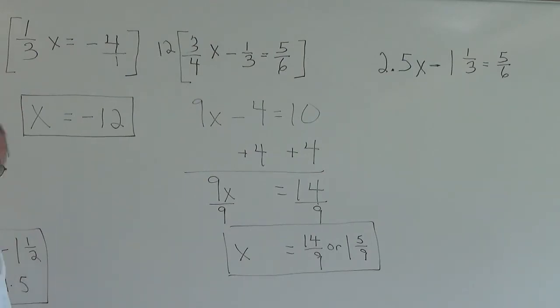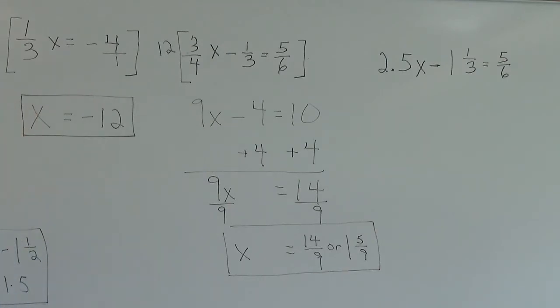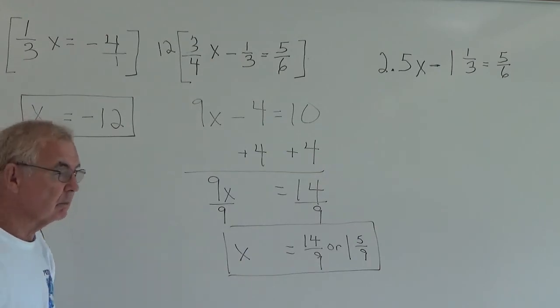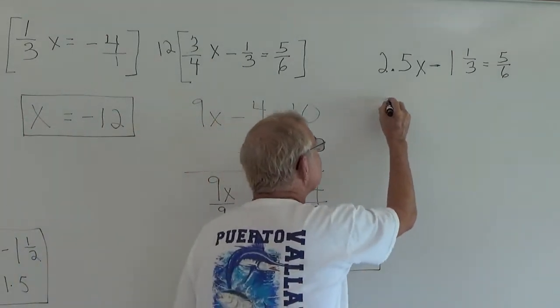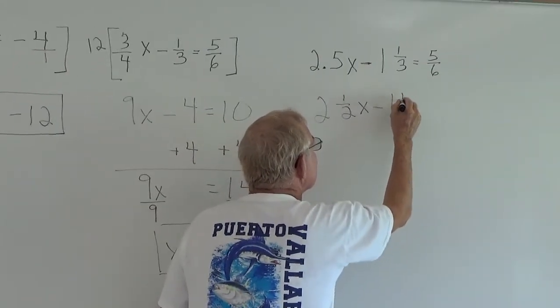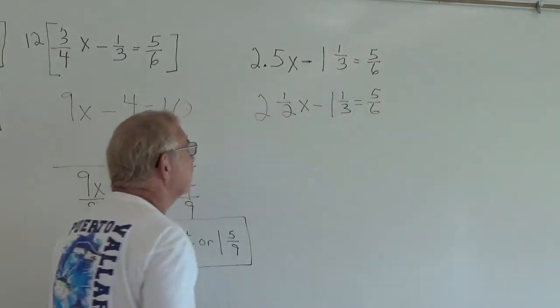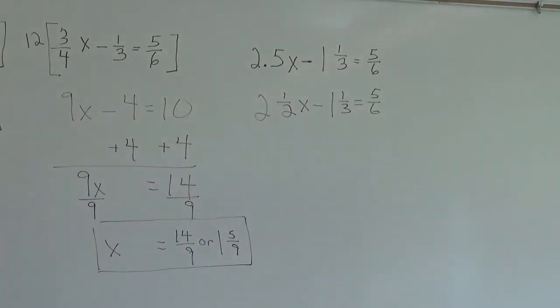2.5. What's 2.5? $2.50. Isn't that $2.50? You say yeah. 2.5. Got it. Got rid of the decimal.